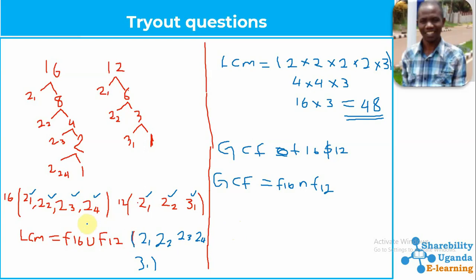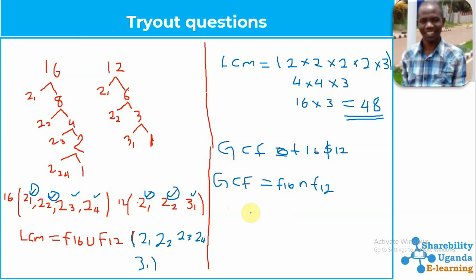From here we can identify them. Those that are common, we have our 2 here. This one is common. 2 is also common here. This one is also common. It is here and it is also here.